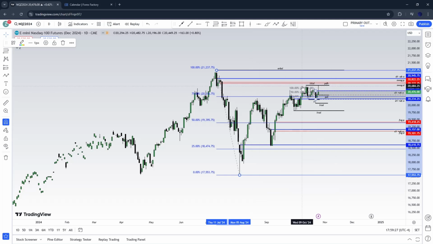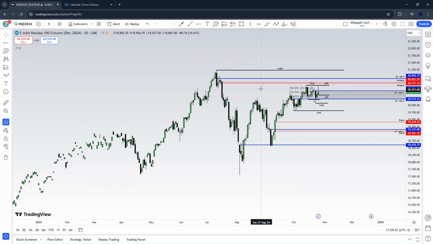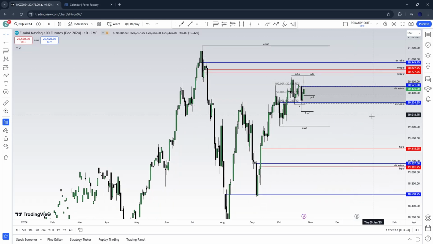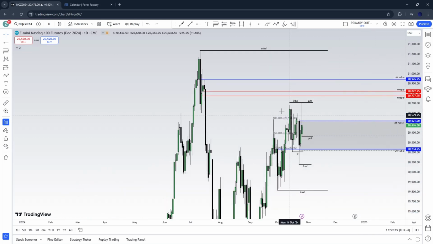So any sort of consolidation in deep premium shouldn't be lackluster. If we're in deep premium, we should see immediate impulse, some sort of impulse move that moves us away from there. But we're not seeing that at all.